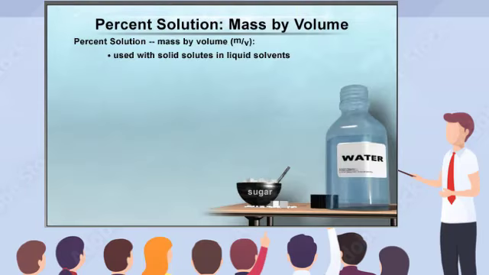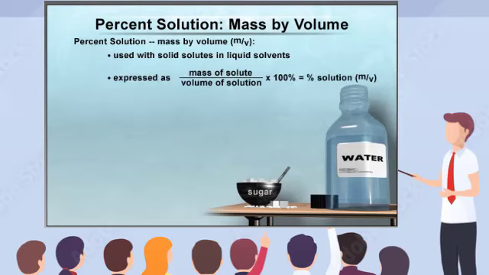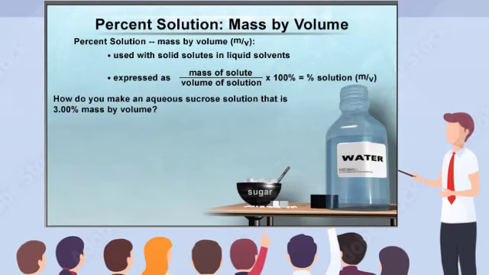When working with a solid solute in a liquid solvent, percent solution can be expressed in terms of mass of solute in grams over volume of solution in milliliters times 100%. It is often simple and convenient to weigh the quantity of solute needed to make a solution. For example, you are asked to make an aqueous sucrose solution that is 3% mass by volume.